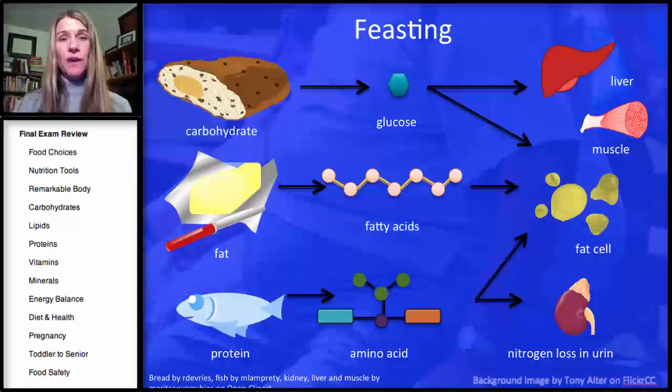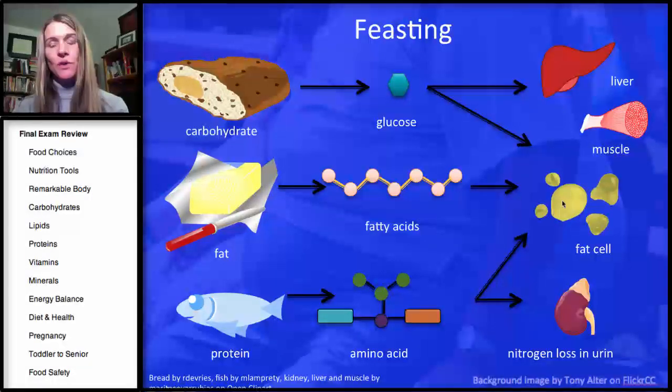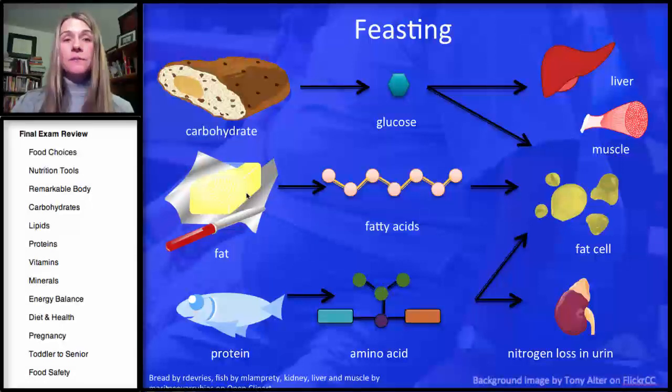So we're going to finish up with a couple things here on feasting and fasting. When you overeat, you have carbohydrates, which break down to glucose. Remember, it first gets stored in the liver and the muscle as glycogen. But if you continue eating, it's going to be stored as fat. Next is fat.